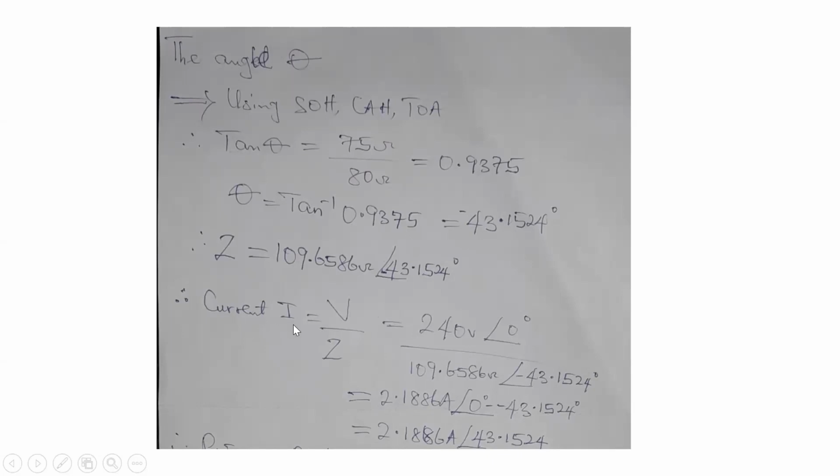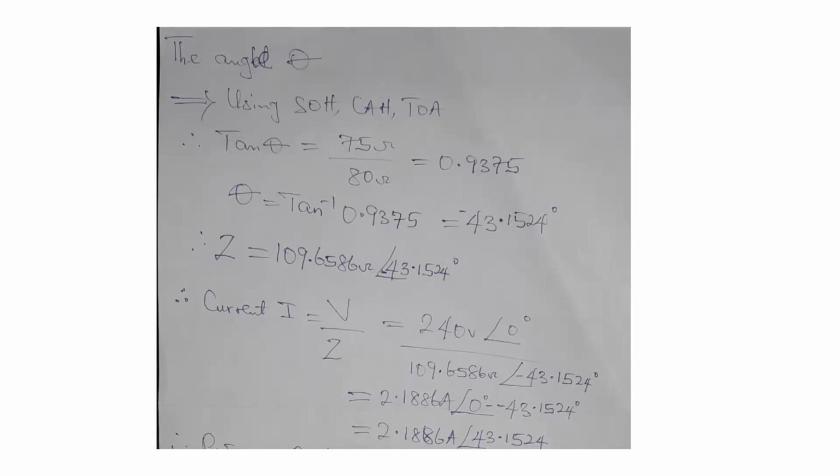Then we will now find our current. Current is equal to V over Z. The same Ohm's law you know very well. I know you did EEC 115, so they taught you Ohm's law.